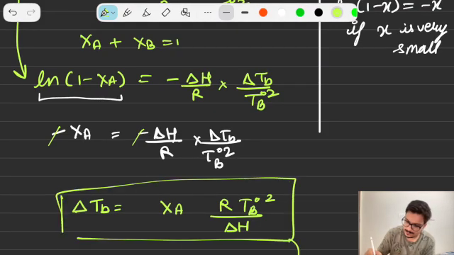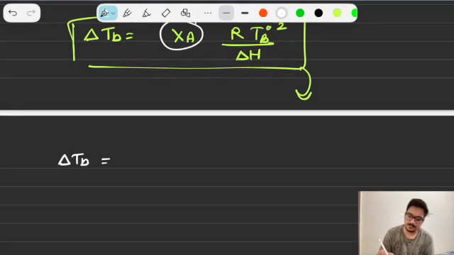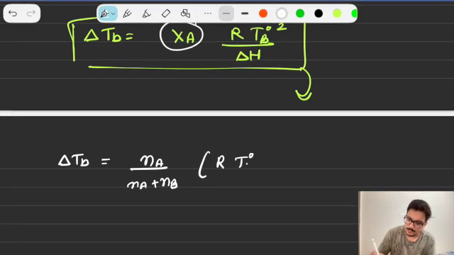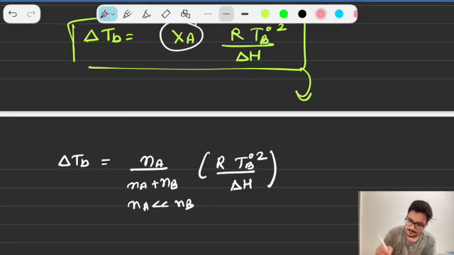After this, we can open up this mole fraction of A. Delta TB would be equal to moles of A upon moles of A plus moles of B, into R times T naught B square upon delta H. As we have assumed that moles of A is very much less than moles of B, from this denominator we can neglect this part.